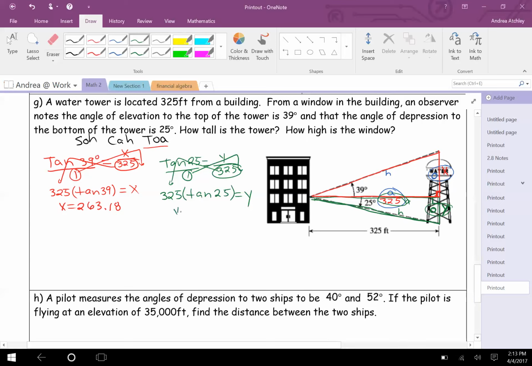And I get y equals 151.55. And then these are feet.